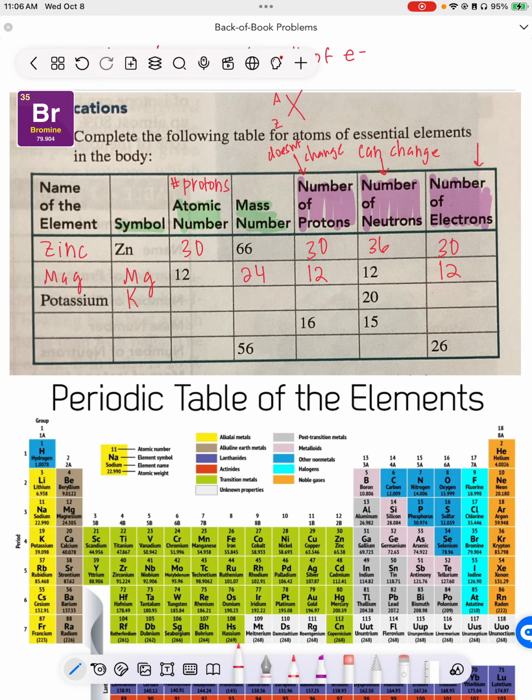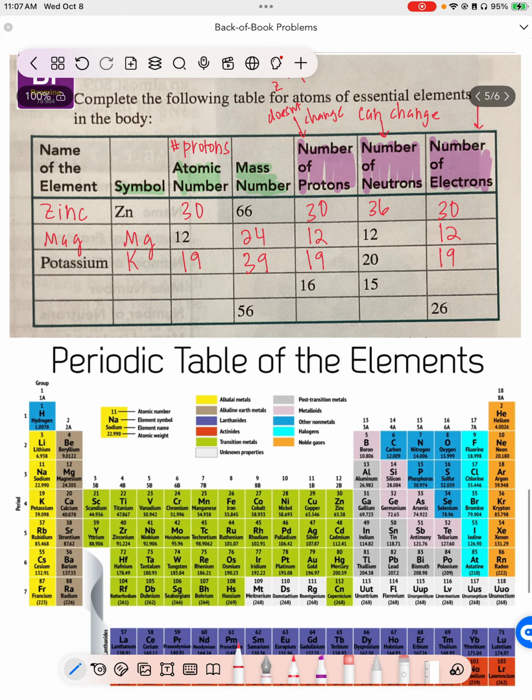Our atomic number tells us the number of protons, so let's just write it down, and the number of electrons. And now we can find its mass number. We know the number of protons, we know the number of neutrons. We add those together, and we get 39. And yes, I did use my calculator just to make sure.